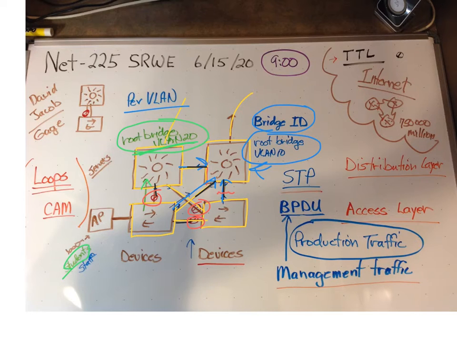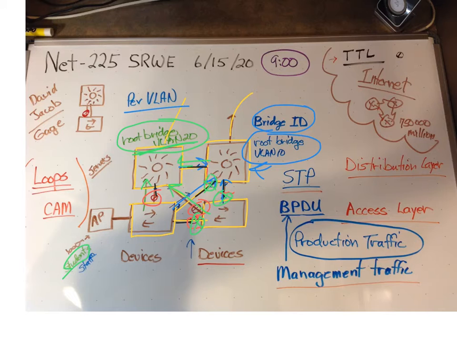Maybe this one could use that for the green VLAN. And yeah, maybe here for the green VLAN. And then those other ports would be blocked. Maybe blocked there, where is it? Yeah, maybe there for the green. Now, if this doesn't look confusing, what wouldn't?